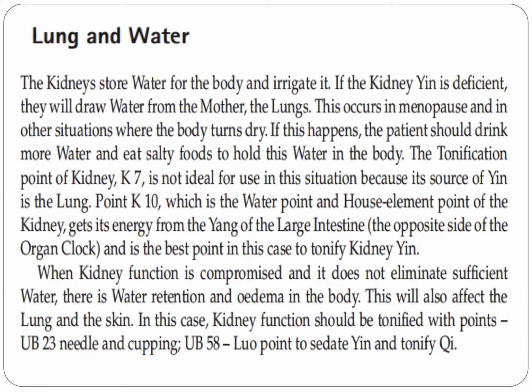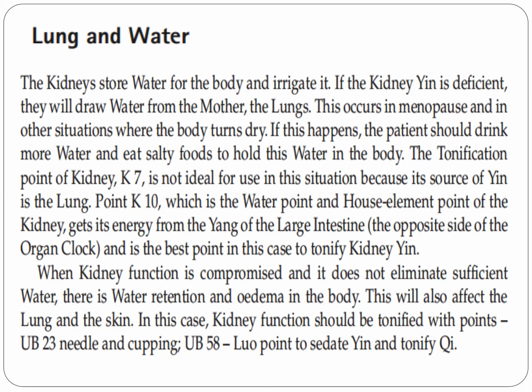Now let's talk about lung and water relationship. The kidneys store water for the body and irrigate it. If the kidney yin is deficient, they will draw water from the mother, the lungs. This occurs in menopause and in other situations where the body turns dry. If this happens, the patient should drink more water and eat salty foods to hold this water in the body.